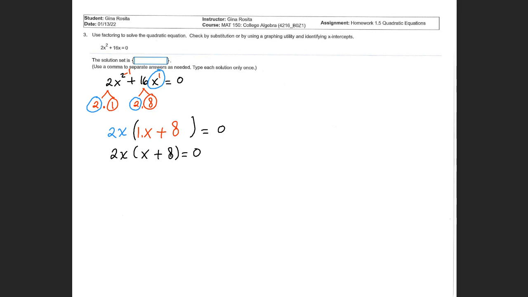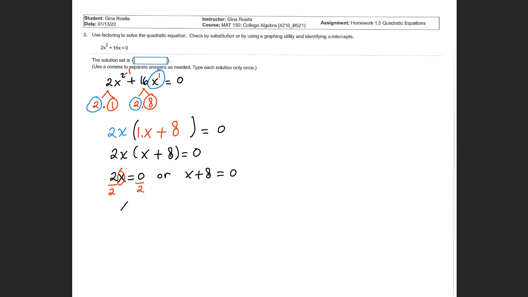Now after this, we just put a times b equals 0. The same thing. So 2x equals 0 or x plus 8 equal 0. We need x, so we divide by 2 both sides.